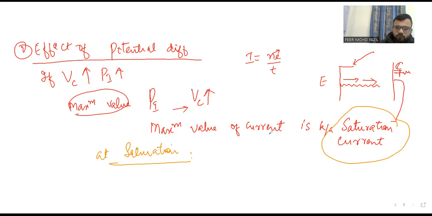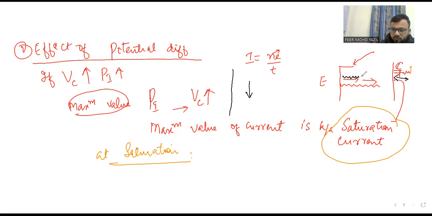Now, what will I do? I will do the reverse of it. Here I was increasing the positive potential. Now, if I decrease the positive potential, what will happen? That means I will make it negative.